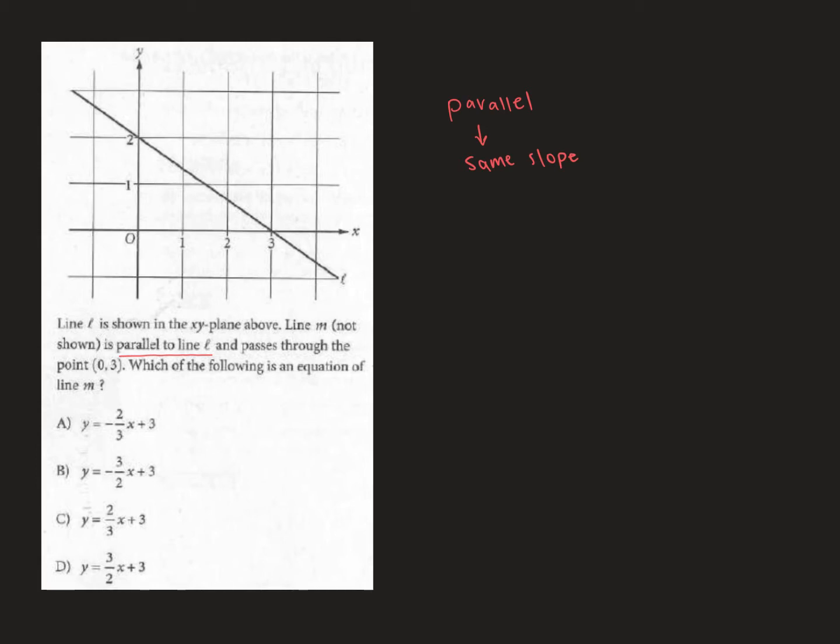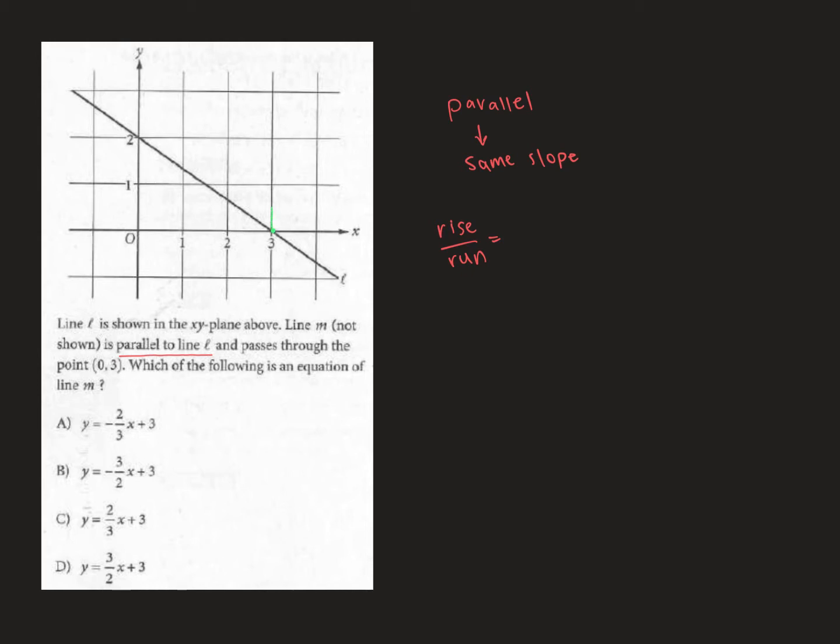So since we're finding parallel, we know that line M has to be the same slope, and from our answer choices you can see that they all have different slopes, so by finding the slope of the given line in the graph, we can find our answer. You find the slope by doing rise over run. We start from this point.